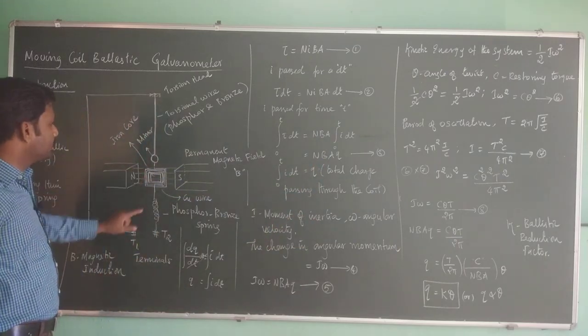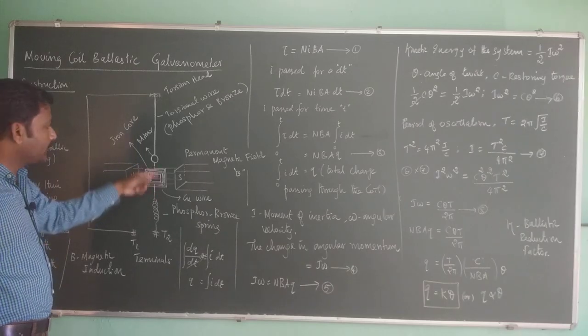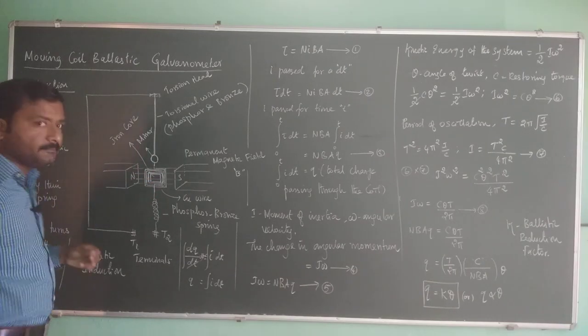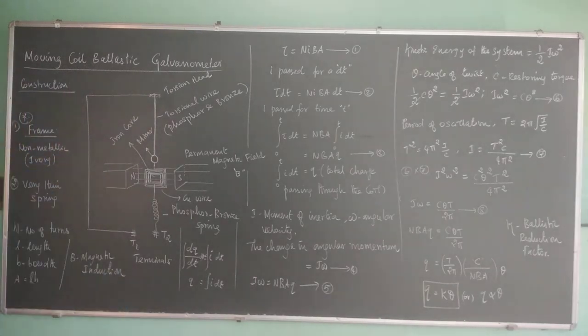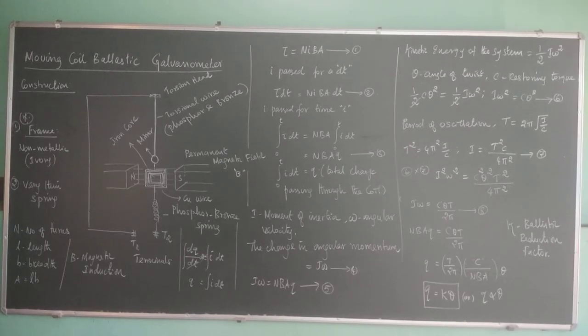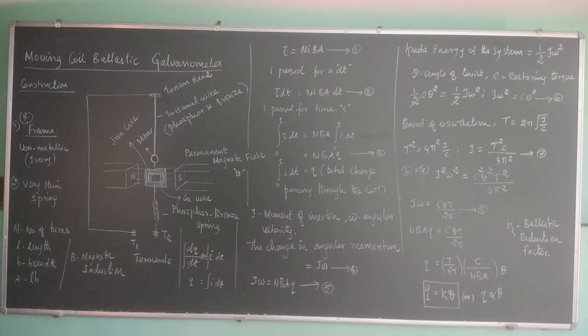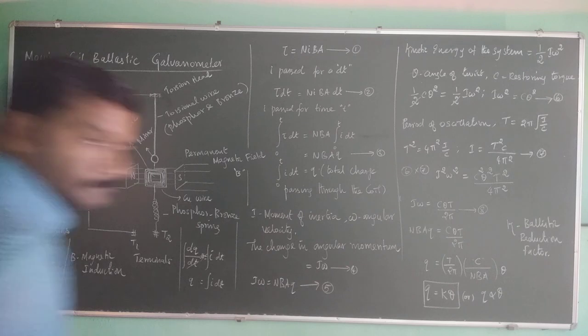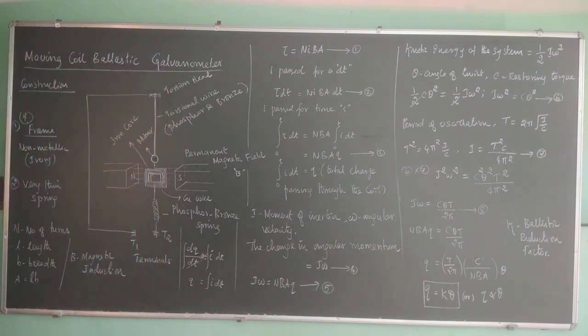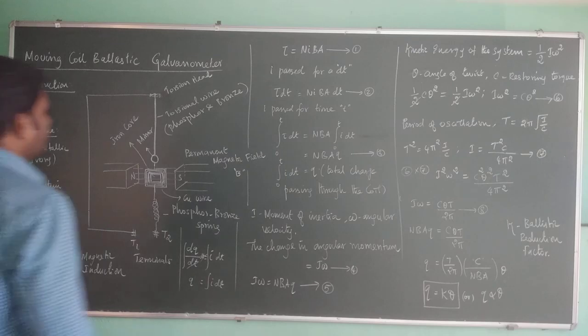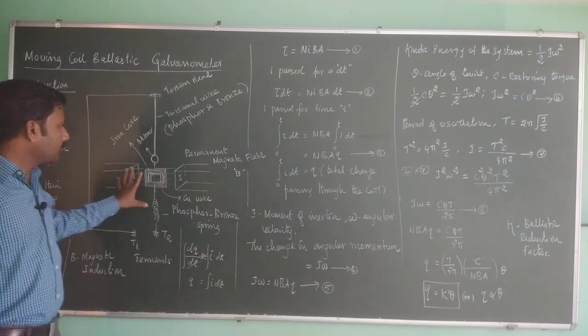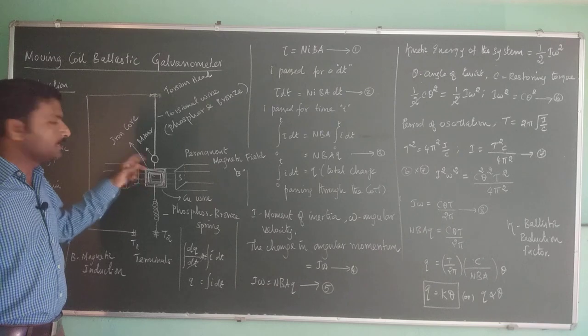In this setup, assume that N number of turns are wound on the ivory non-metallic frame.